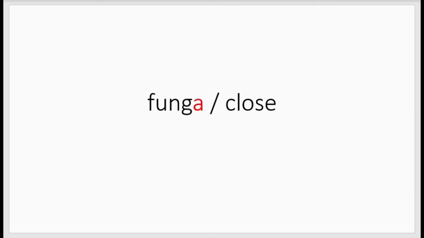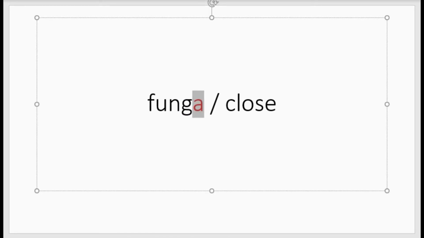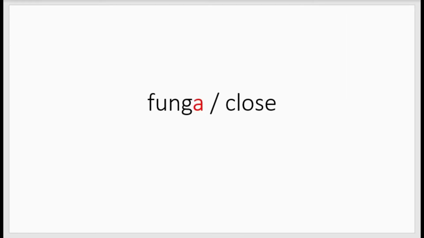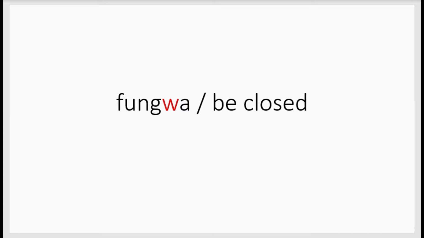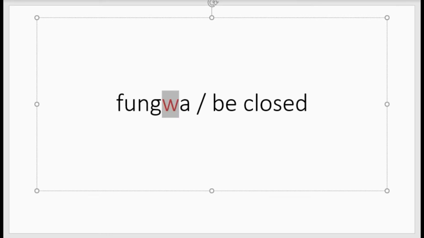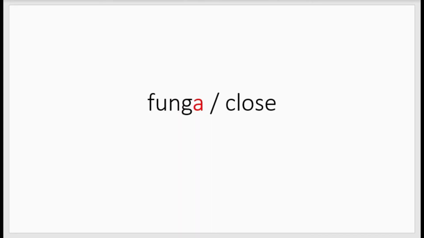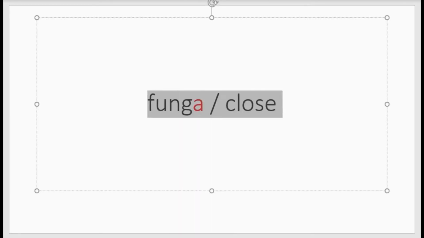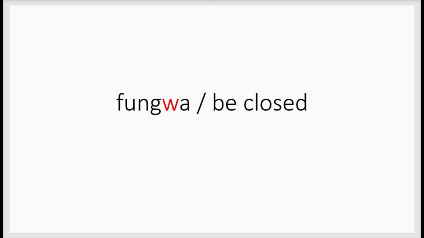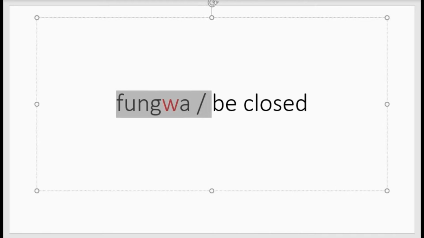We have one vowel here at the end of the verb funga, so the passive extension is wa, then it becomes fungwa, which means be closed. Funga means close. Fungwa means to be closed.